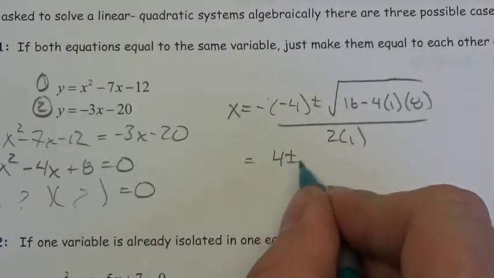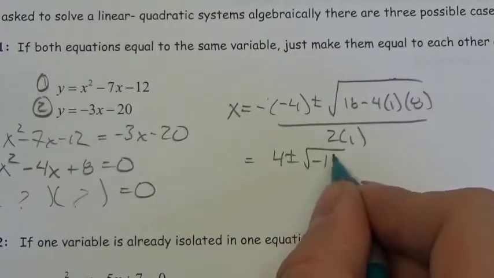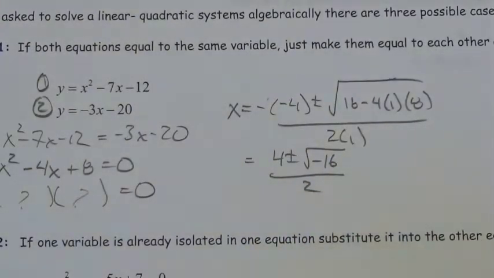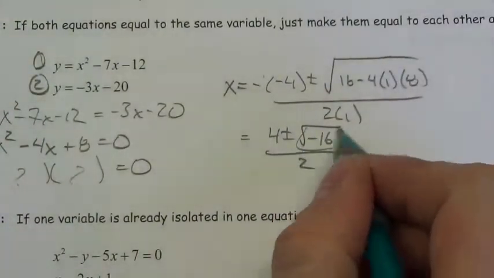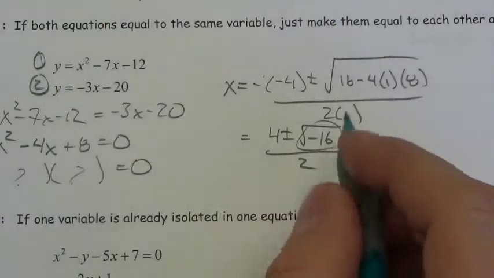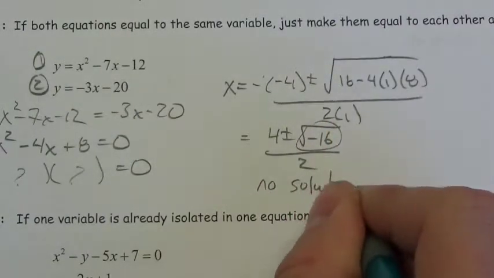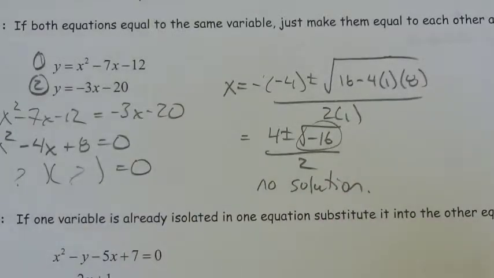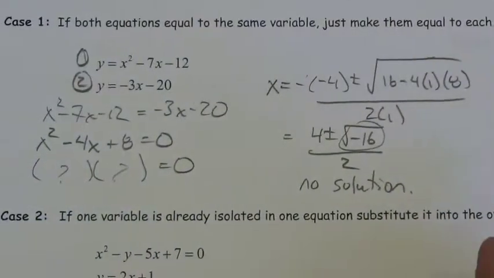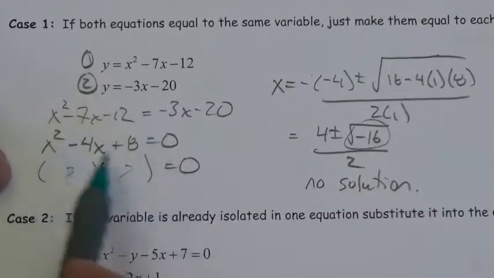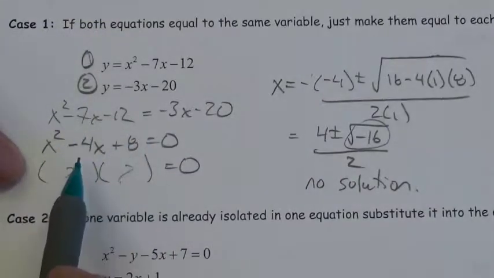So 4 plus or minus the square root of negative 16 over 2. As soon as that discriminant becomes negative, there's no solution.